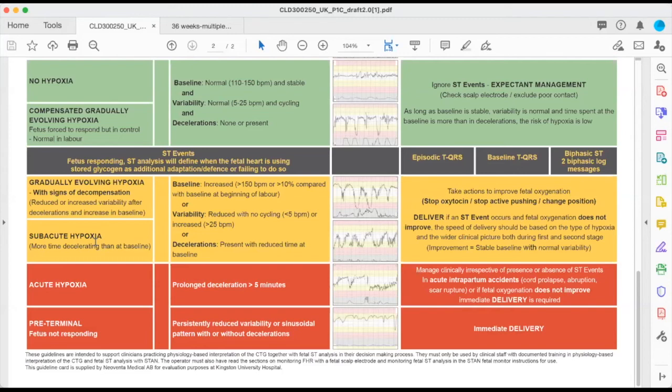Does that make sense? Similarly, in subacute hypoxia, when it's moving fast towards decompensation, it's pushing the baby from compensation to decompensation before it even gets the chance to secrete adrenaline for redistribution. So you're basically bordering decompensation. That's when STAN is helpful.